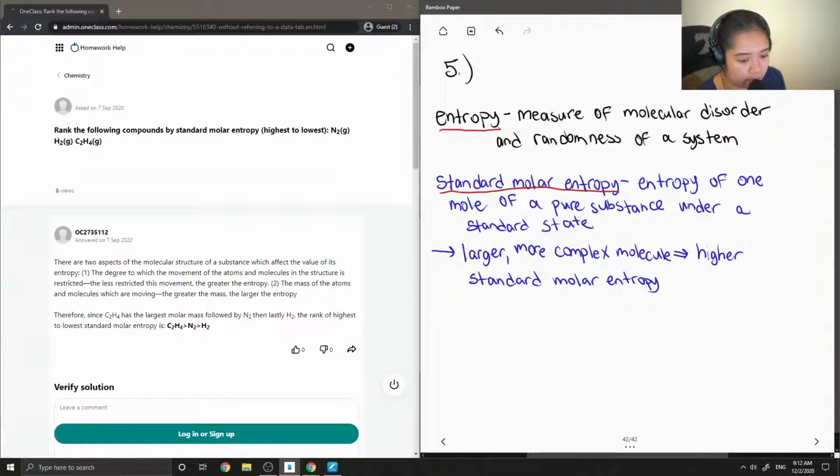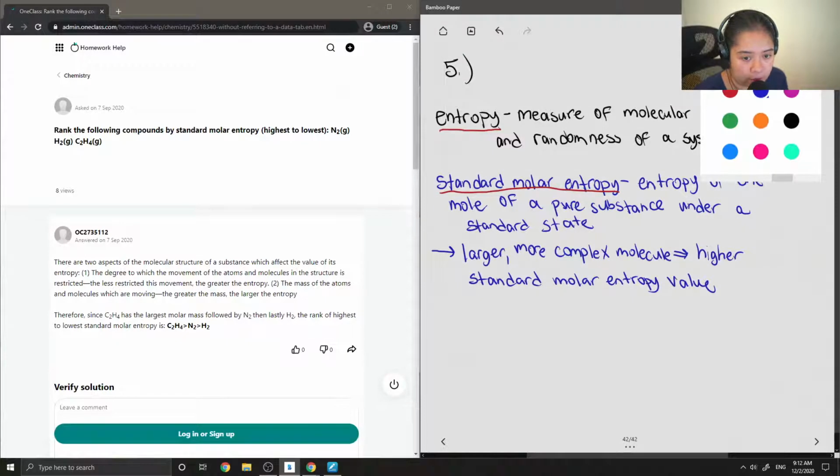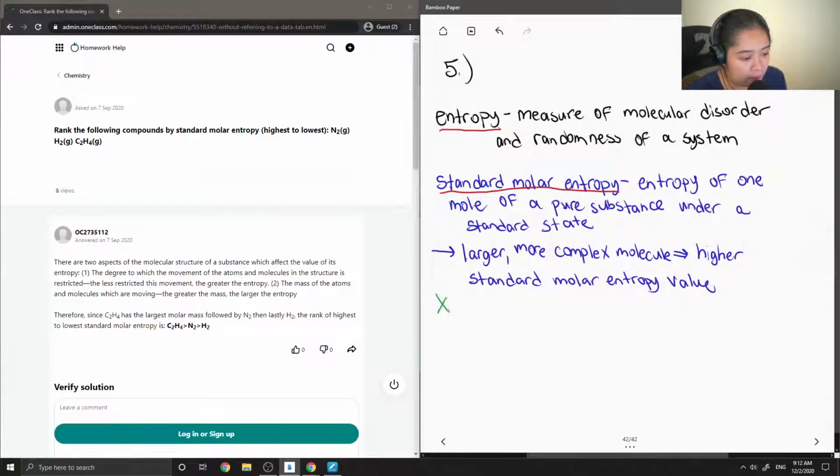So because of that point, what we need to do to answer this question is to find the molar masses of each of these compounds.